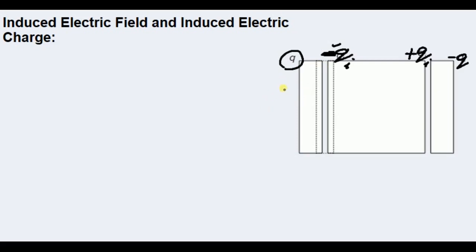The electric field due to free plate charges plus Q and minus Q between the plates is E naught, and it is given by E naught is equal to sigma upon epsilon naught.